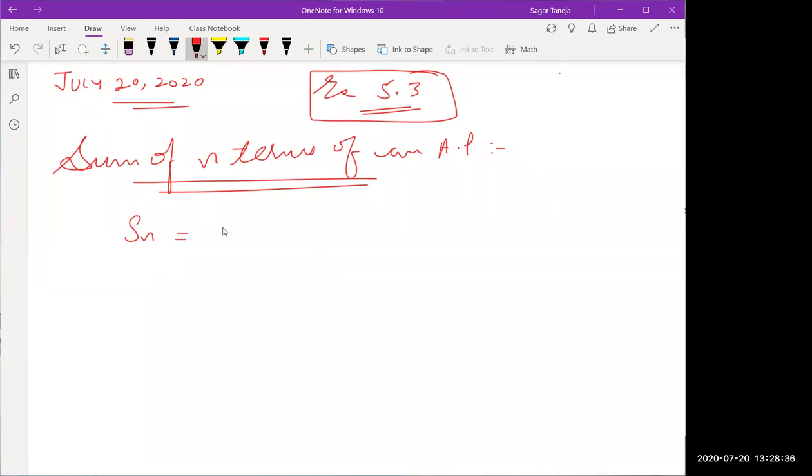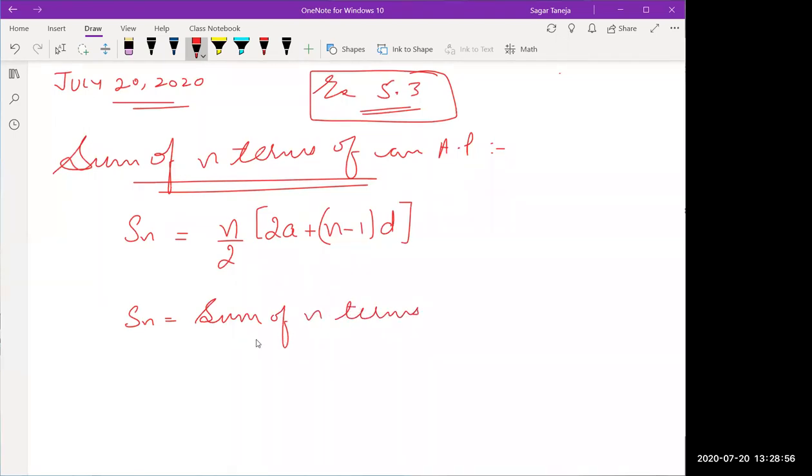Then it is like Sn is equal to n by 2, 2a plus n minus 1 d. Where Sn, again I'm writing here, Sn means sum of n terms, where n again is number of terms, d you know, a you know, a the first term as usual same, and d as usual the common difference.